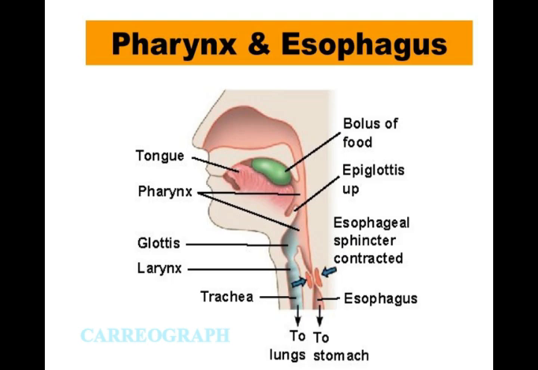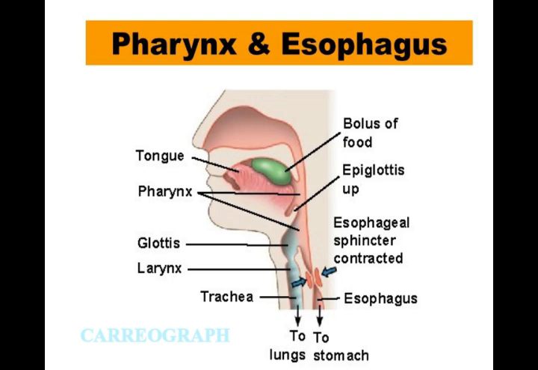As you can see in this picture, this passage acts as a passageway from the mouth to the esophagus. And this pharynx is connected with the esophagus by a sphincter called the esophageal sphincter.